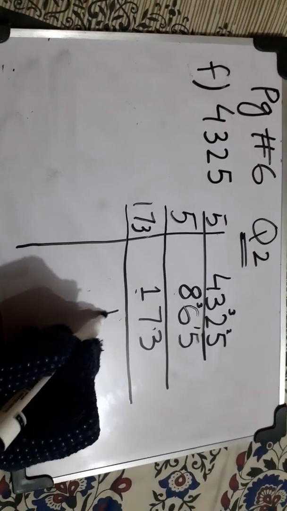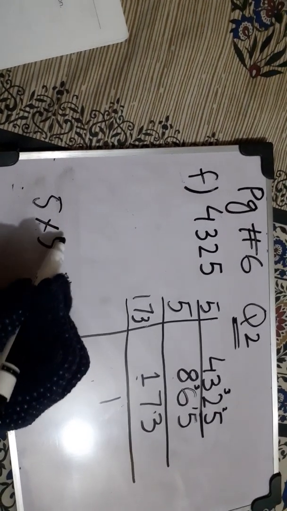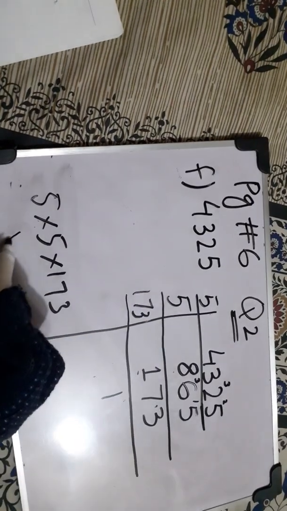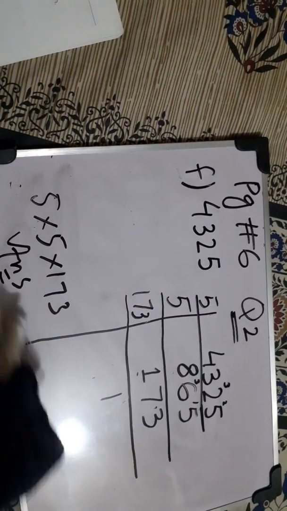So 173 1s are 173. So what prime factors do we have in the answer? 5 multiplied by 5 multiplied by 173, and that is our answer. Okay.